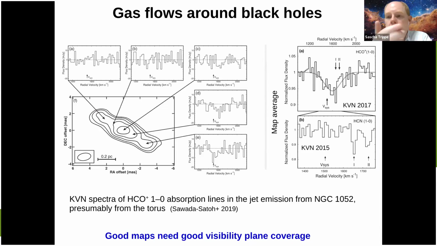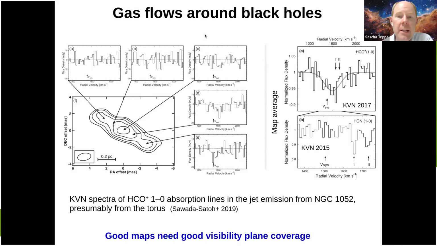But we can turn this around and use non-thermal emitters like AGN jets, which are strong emitters of synchrotron radiation. We can use AGN jets as background sources that illuminate, for example, the material around them, the interstellar gas around them.